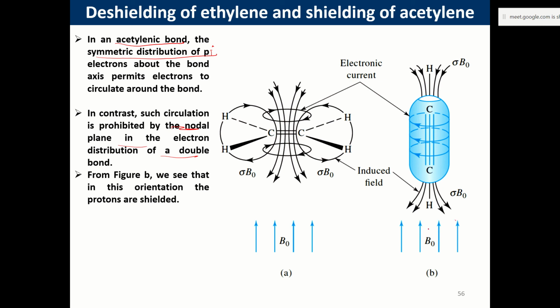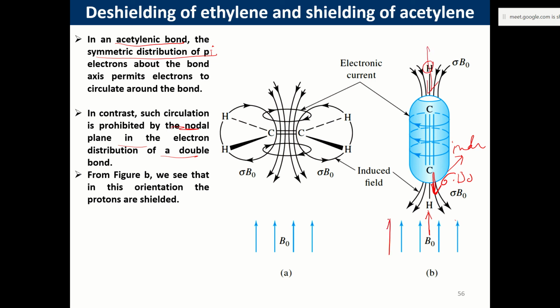This is the applied field direction, and the circulation of electrons in this manner is opposing it. So this is the induced field, sigma B naught. The induced field is opposing the applied field, so for protons attached here, you can see this is opposing the field.